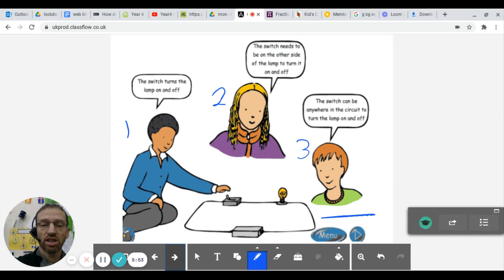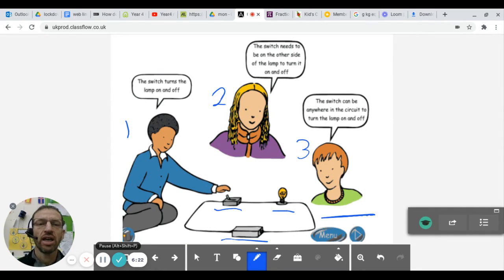So in this circuit, you've got a battery, you've got a switch, and you've got a light bulb, and they have different ideas about how the bulb will be turned on and off, whether the switch is going to work or not. So you need to discuss using your conversational starters who you think is right and why. And it could be more than one person who's right. So pause the video now and have a chat.